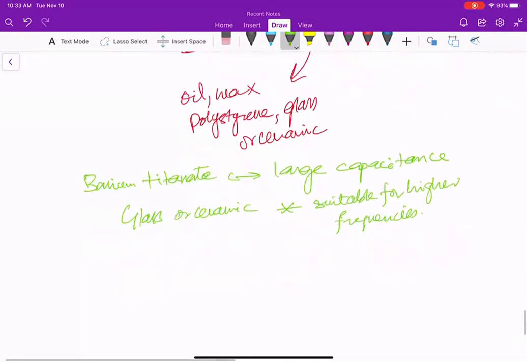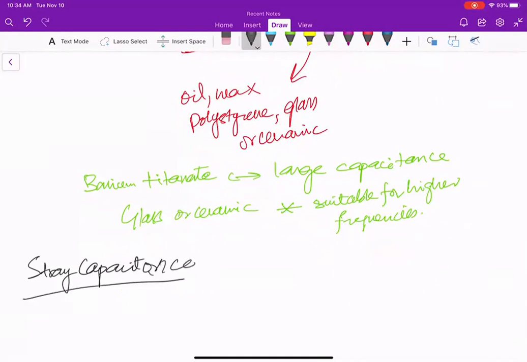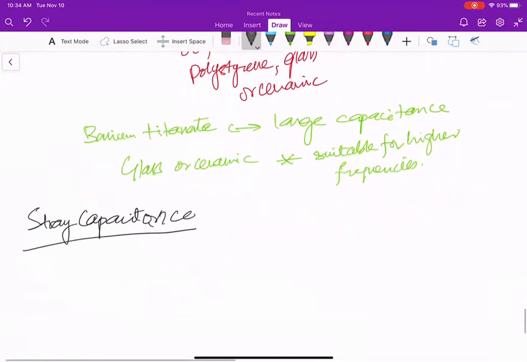Other than that, there is another thing that is called stray capacitance, which you will hear a lot in your circuits in future. If you have two components very near to each other, what is stray capacitance?